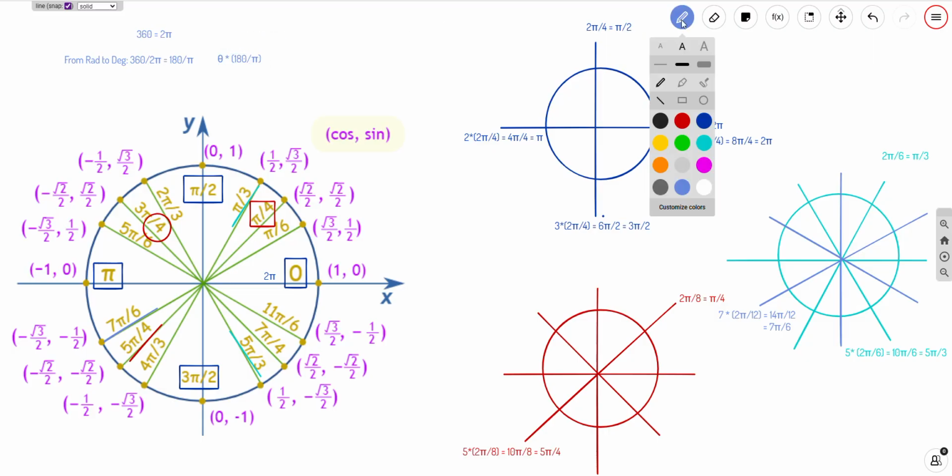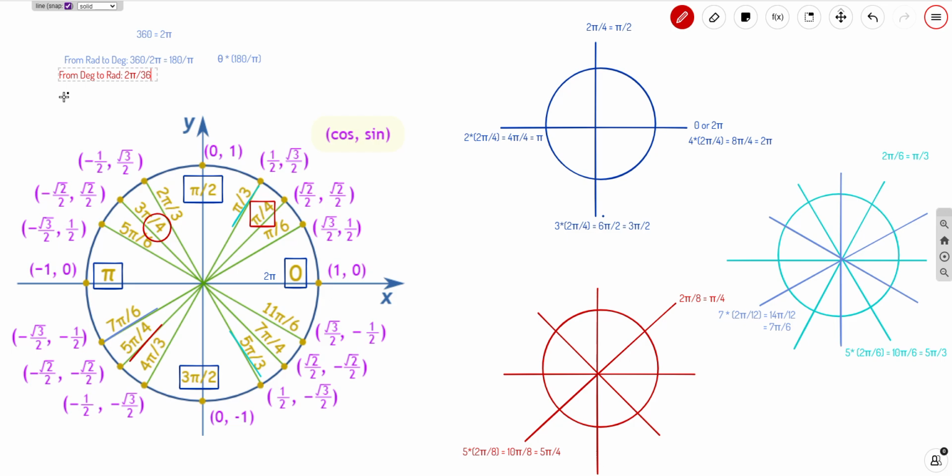Now, if you're going from degrees to radians, it's just the opposite. So from degrees to radians, you're going to have 2 pi over 360. Or if you want to simplify it, that's fine. It's pi over 180. Okay, so basically it's exactly the same. Casi igual.